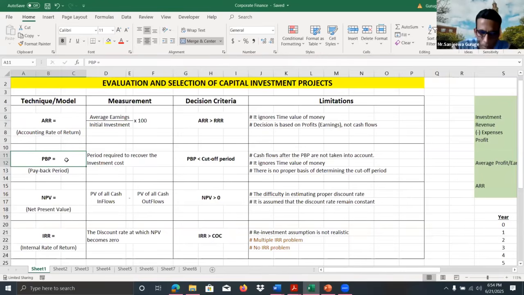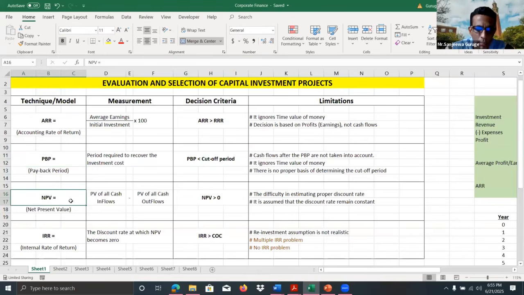If we calculate the payback period, which is very useful for a particular organization, it should be compared with a benchmark period, the cutoff period, right? The minimum acceptable period for a project. If the payback period of a particular project is less than the cutoff period, the project is acceptable.